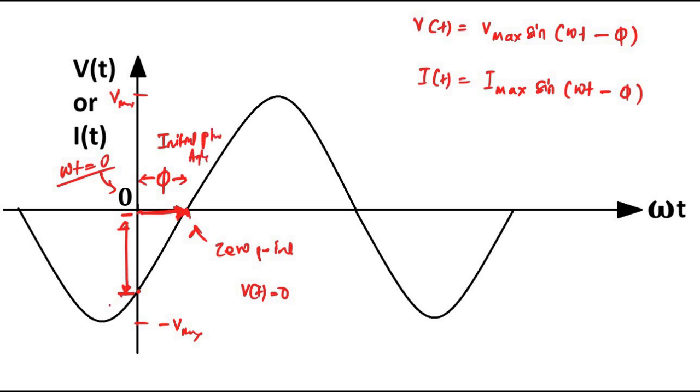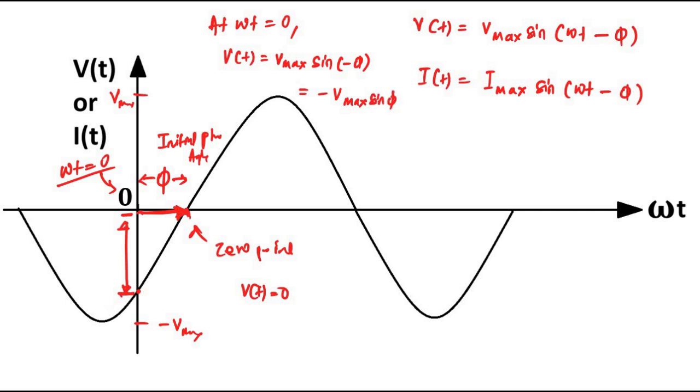At omega t equal to 0, the initial value is v(t) equal to Vmax sine minus phi, which is equal to minus Vmax sine phi.